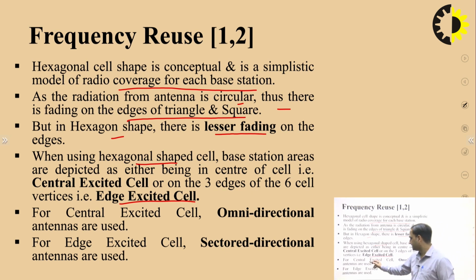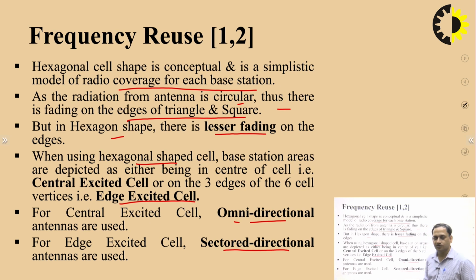For the center excited cell, omnidirectional antennas are generally used, and for the edge excited cell, sector or directional antennas are used. This method is used in sectoring when we accommodate these antennas at the cell edge.